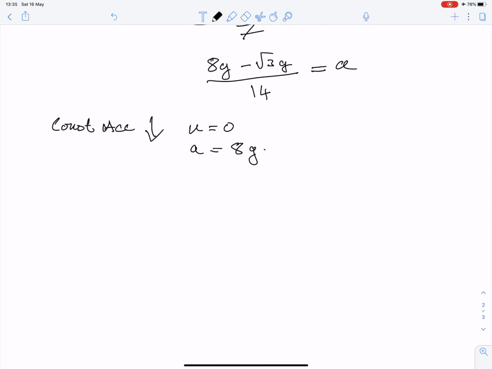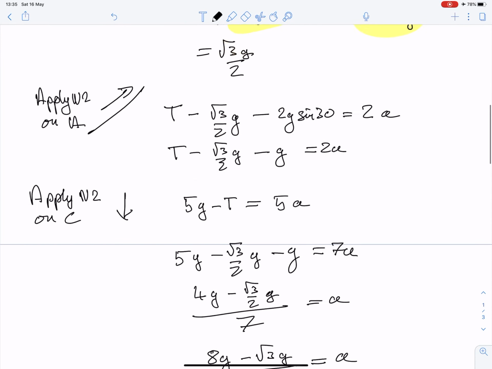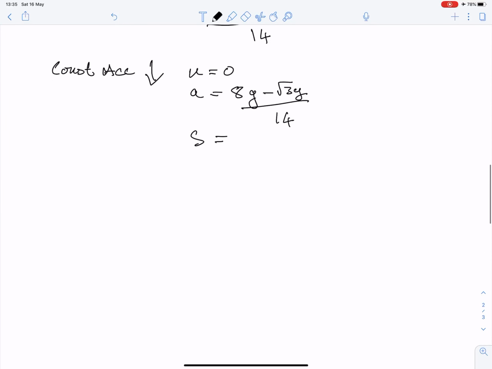Part 2, constant acceleration, working downwards. We've got u equal to 0, because I think we said it was released from rest. Assuming A does not reach... find this, A moves up the plane before coming to rest. We've not actually said that.